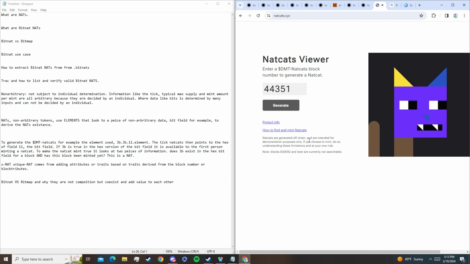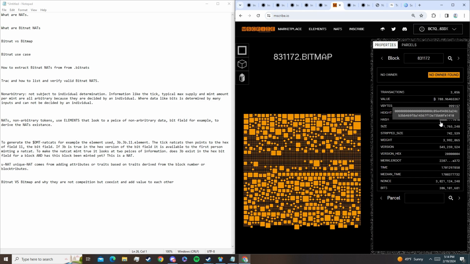So a UNAT is an image or item created by applying attributes or traits to individual numbers from the block, or you could even aim from the hash or generation from the bit number.